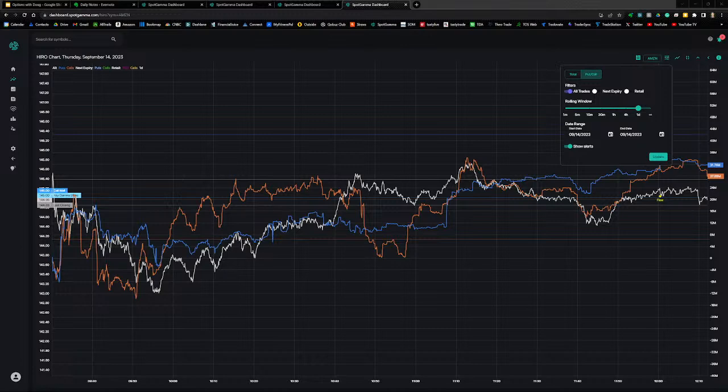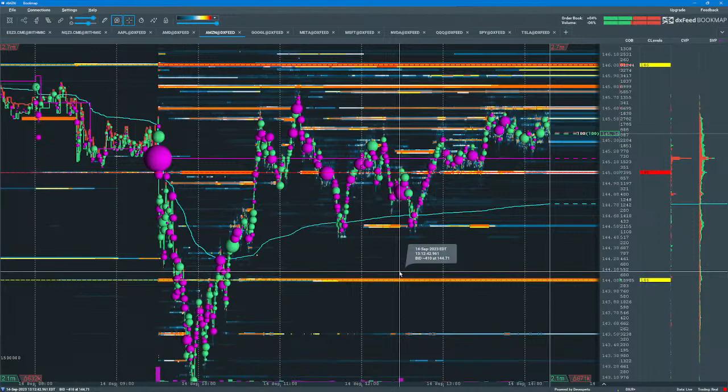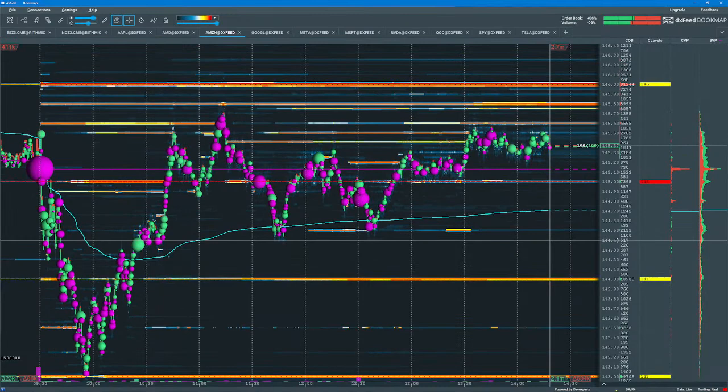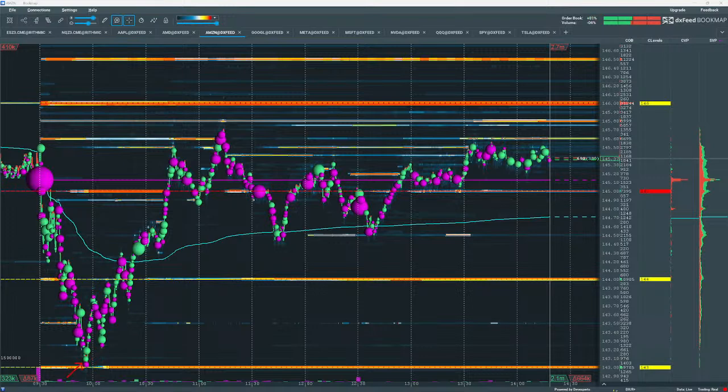Let's go take a look at the Bookmap. So here's the reversal higher in Amazon. Whoops, wrong tool.